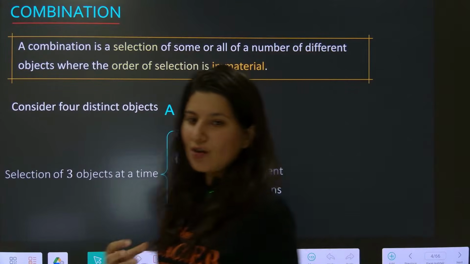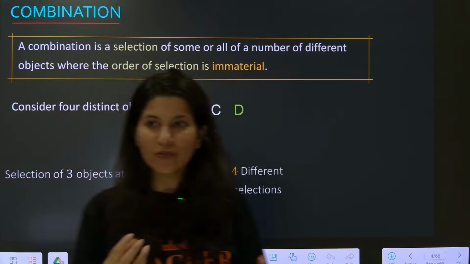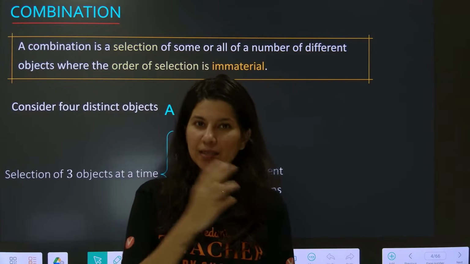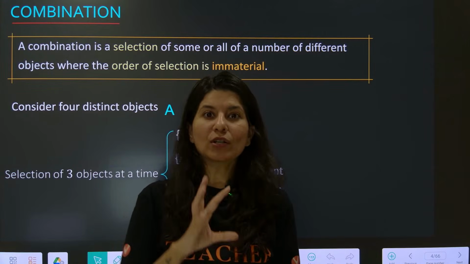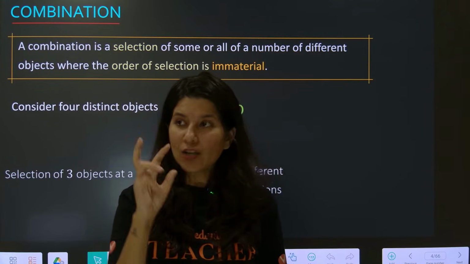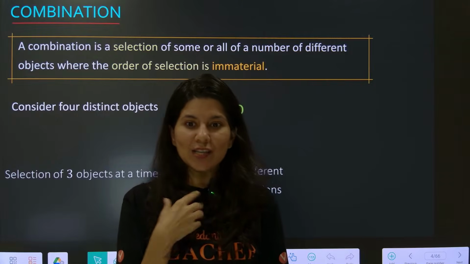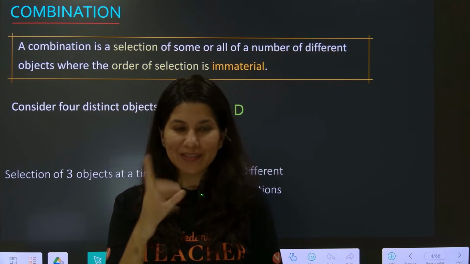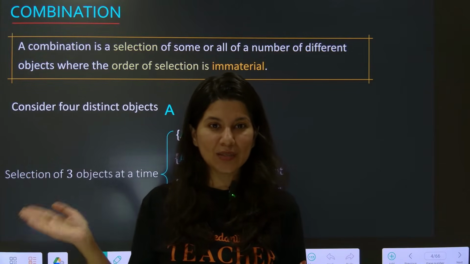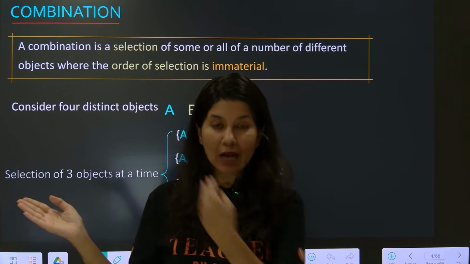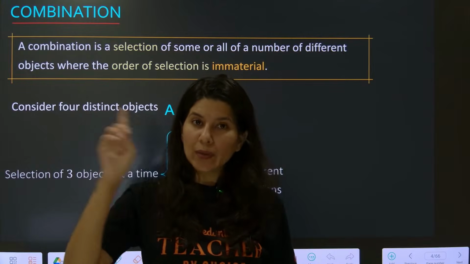Now let me introduce you to permutation a little bit. In the previous session, we spoke about permutation. What is permutation? It is all about arrangement where the ordering matters. Suppose Pritija is standing right next to me. If I am here and Pritija is here, it will be one way.